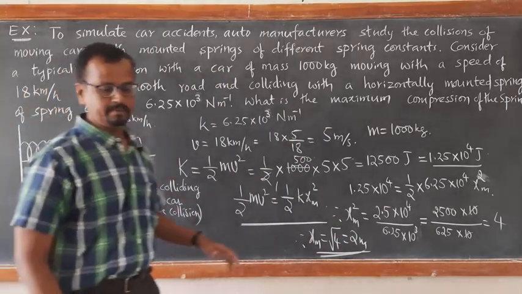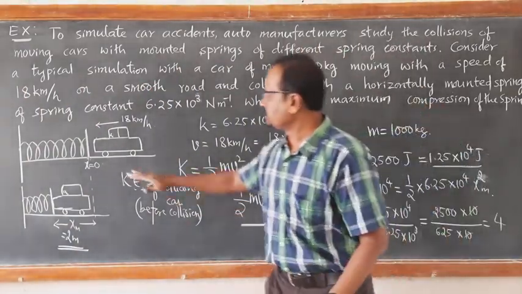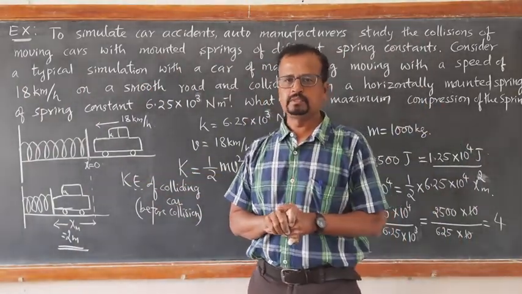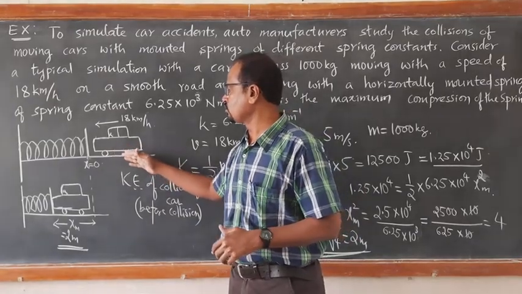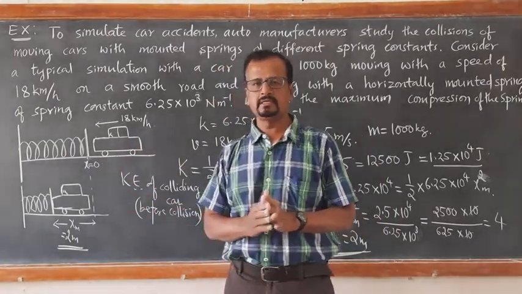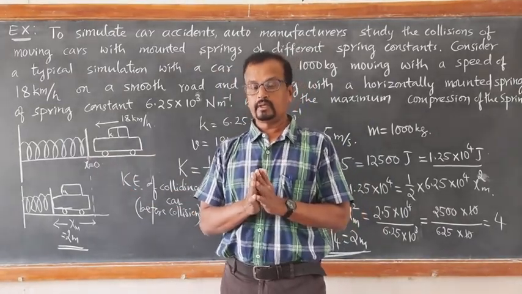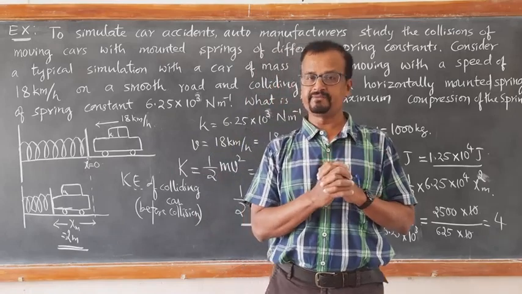The same problem continues in the next numerical problem, wherein the road has some friction. When the car is moving on the road, the car tires with respect to road surface experience kinetic friction. So the coefficient of kinetic friction is given.